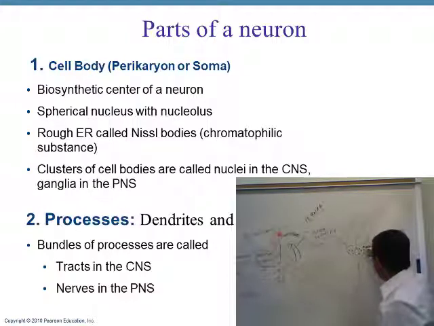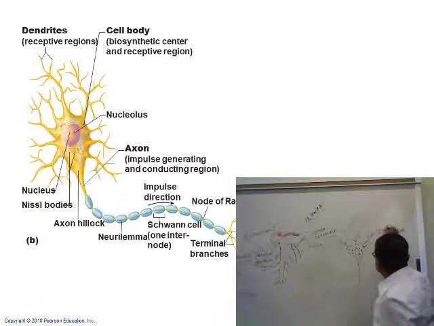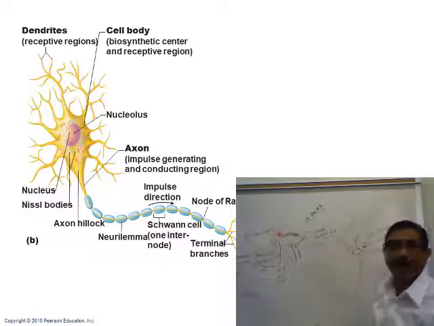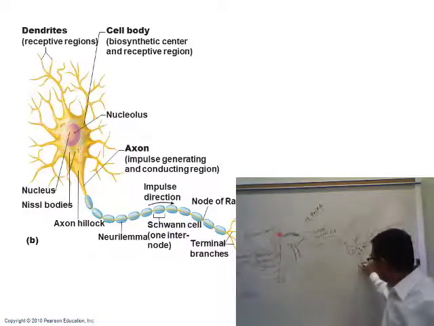That is the cell body, and you have processes. From one side of the cell body, you will see multiple short branching processes. These are called dendrites. Multiple, short, and they have branches. From the opposite side, a single long process arises, and that is called the axon.